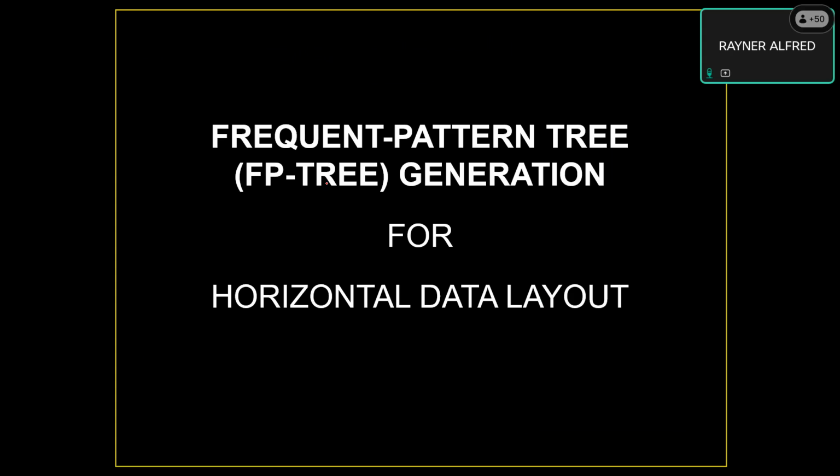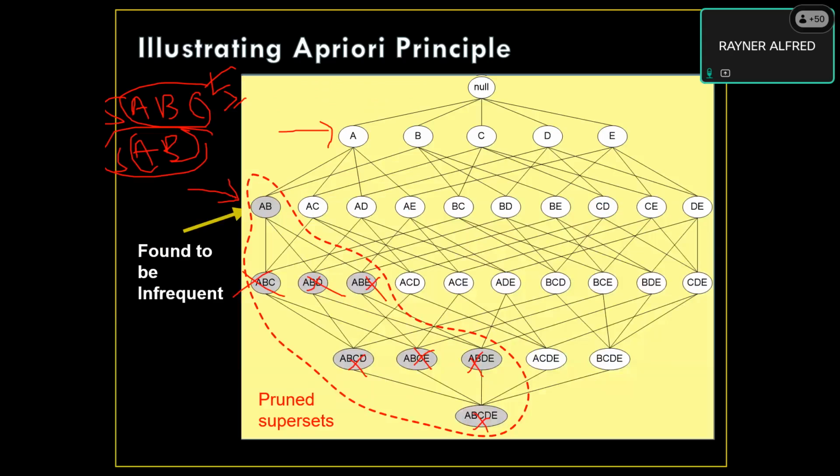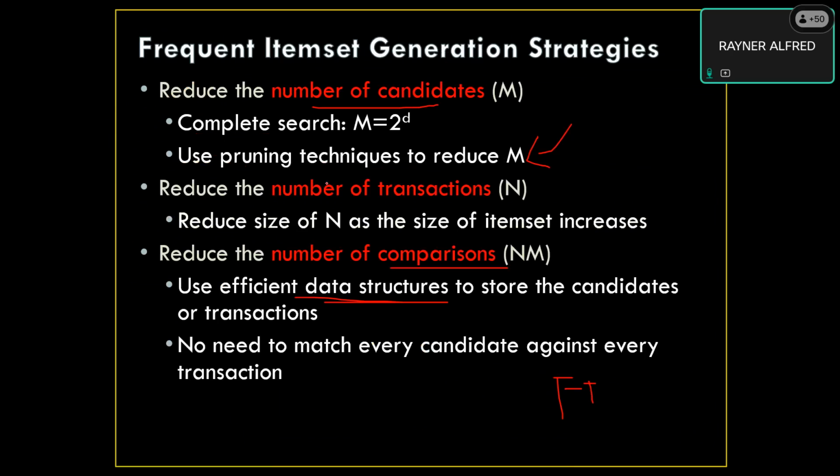We have another one, which is the frequent pattern tree. Remember just now, one of the ways for us to reduce the number of calculations is to use an efficient data structure. So if we use a tree, the number of comparisons is n log n, where n is the number of items that we have, which reduces the number of comparisons.